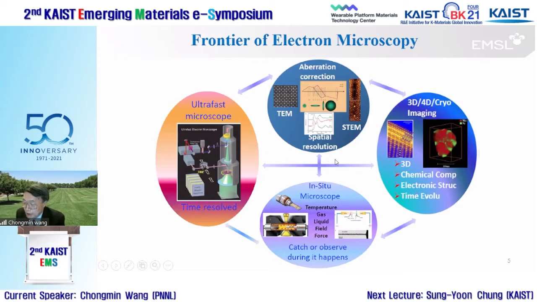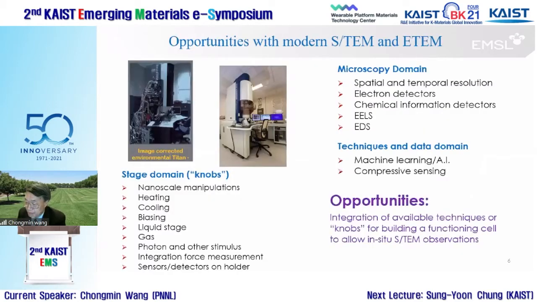And a lot of chemical reactions go very fast. Can we capture these reactions on a very fast time scale? This is called ultrafast microscopy, another domain, mostly inaugurated by Professor Zewail from Caltech. My domain here is in situ microscopy, and I will show some examples of what I have done in those directions and how we can gain certain insight from them.